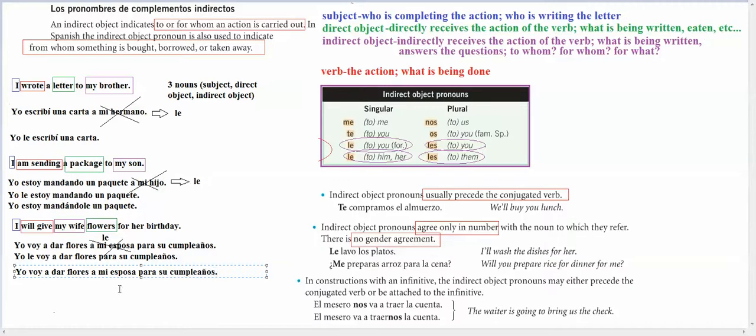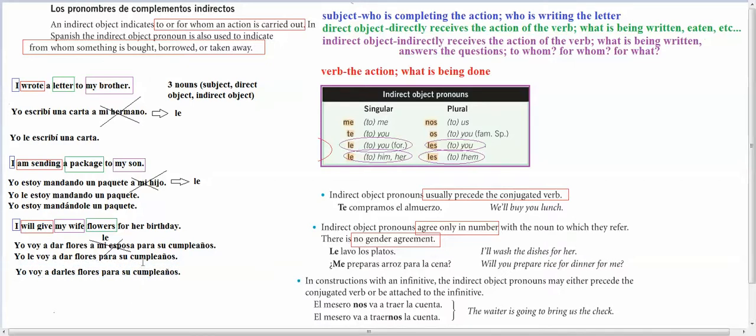I know that I'm going to get rid of mi esposa. Mi esposa becomes le. And so it could either go in front of voy or it can go attached to the infinitive, which is dar. So voy a darle flores. Yo voy a darle flores para su cumpleaños. So you can do it either way.